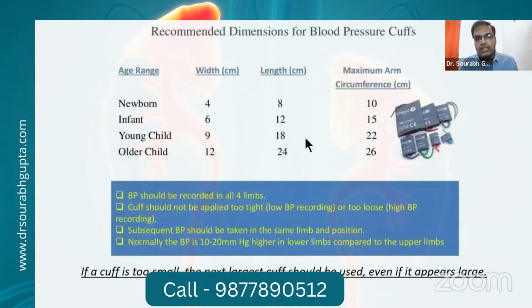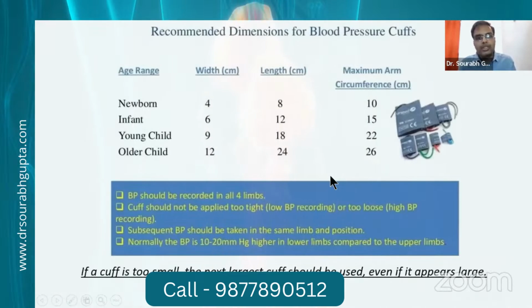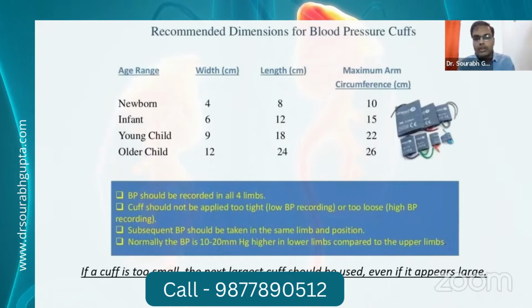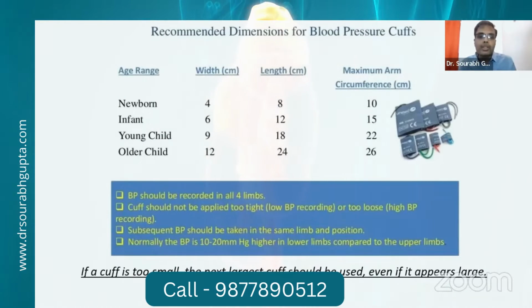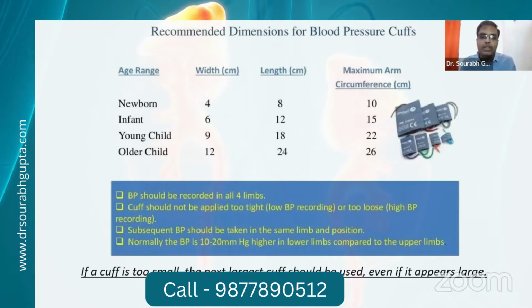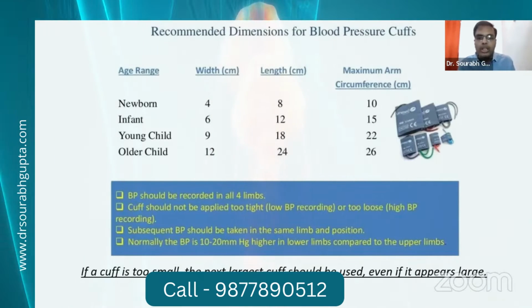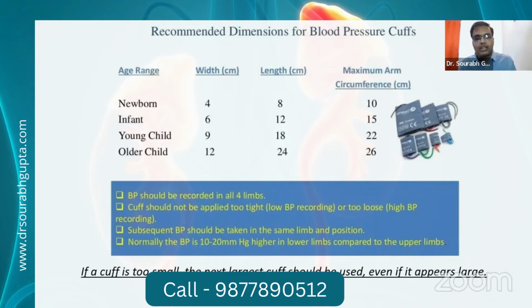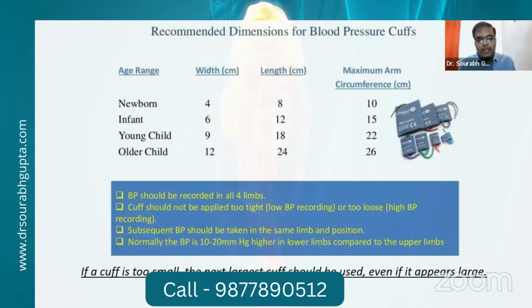One can have various sizes of blood pressure cuffs, which can be used according to the age. If blood pressure is documented to be high, one should try to measure it in all 4 limbs. The cuff should not be too tight or too loose, and try to take subsequent measurements in the same limb and same position.